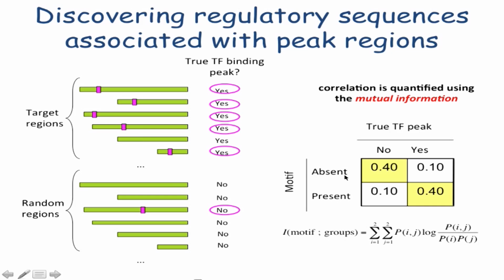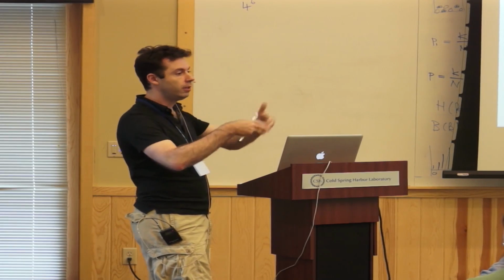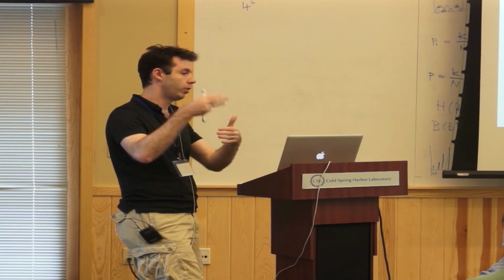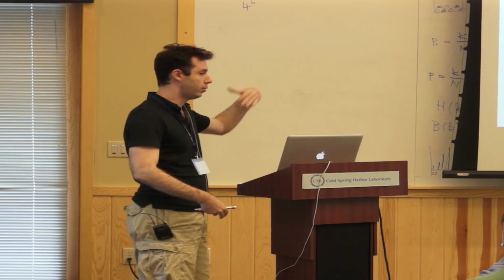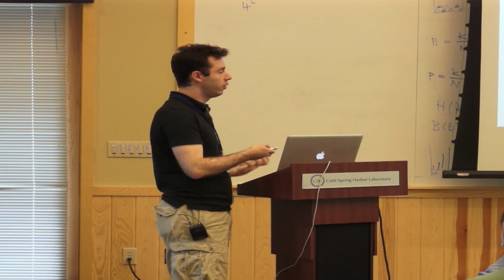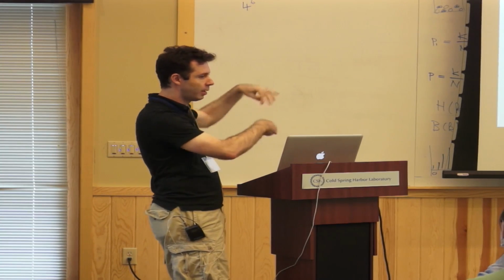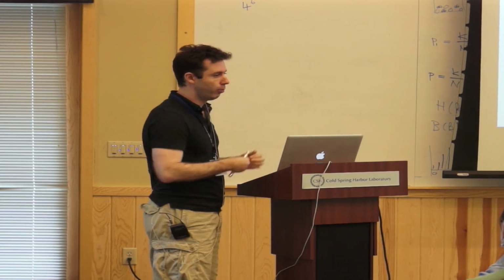Therefore, according to this criterion, it's a better motif. We would keep that motif and continue to mutate it in such a way that it keeps getting better and better. When we can't make any changes to the motif to make it better, when there's no new definition of a motif that would better separate these two sets of regions, we stop and say, okay, this is the optimal motif, and that's it.